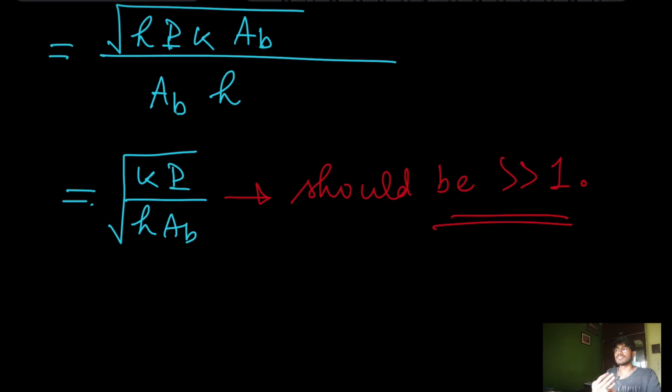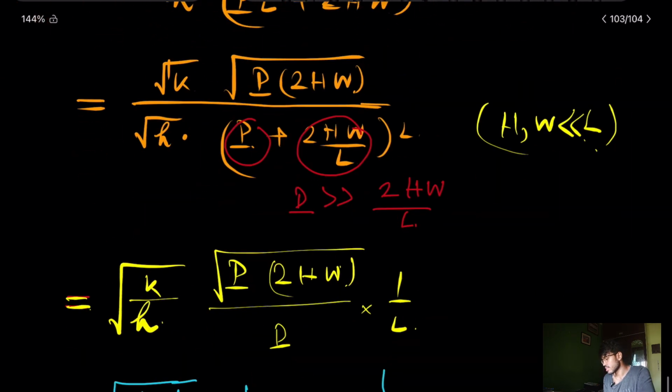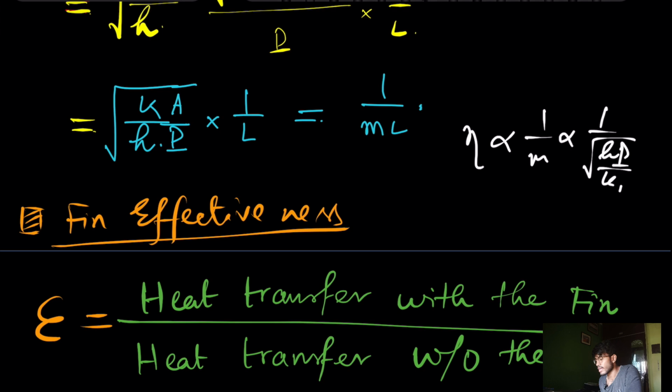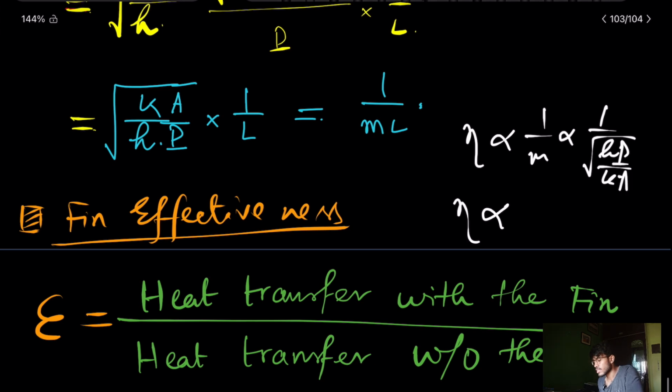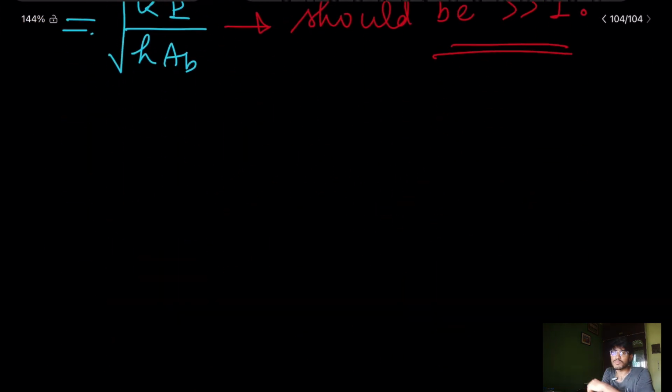So fin efficiency is proportional to 1 by m, which is proportional to 1 by root over of hP by kA. That means my fin efficiency is proportional to, more specifically, root over of A by P. So you have to judge the A by P, the cross-sectional area by perimeter, for a constant cross-sectional fin.